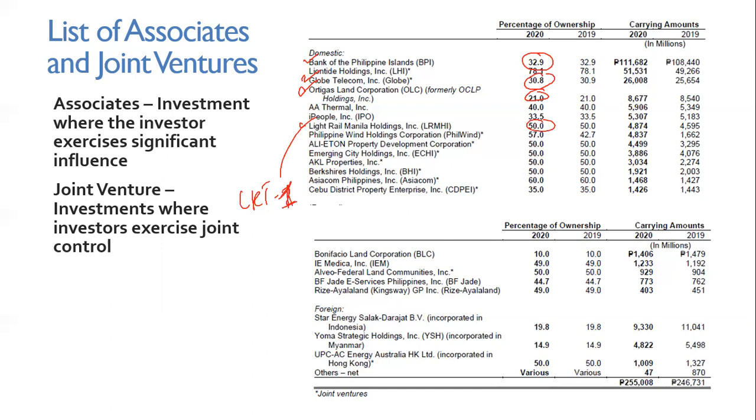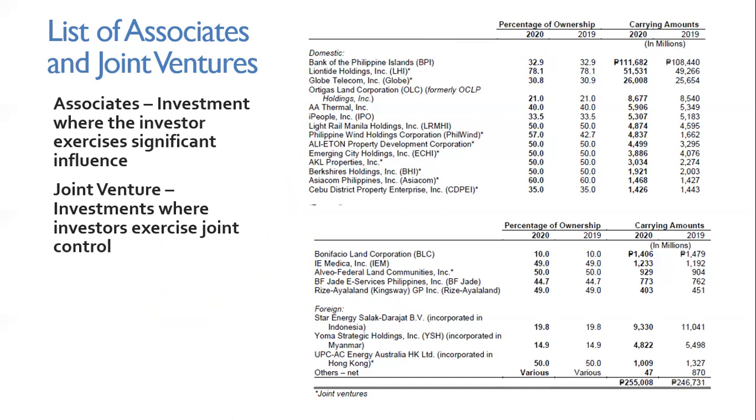Okay? So in that case, equity method ang gagamitin and therefore you just recognize the share in net income. At dahil yung profit and loss ng mga kumpanya na ito ay nasa share in net income, hindi sila kasama sa consolidation.